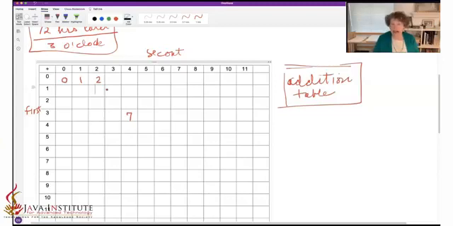So what I would like you to do is fill out this table. Do you have enough information to fill it out, or do I need to say more? Okay, yeah, raise your hand if you can fill it out.